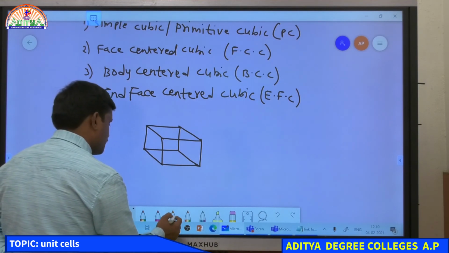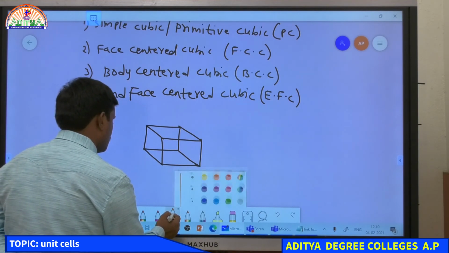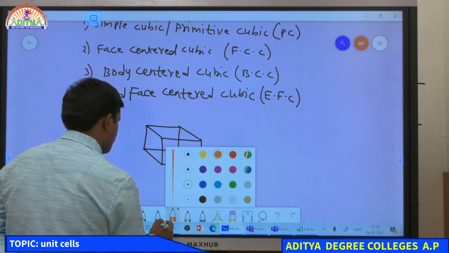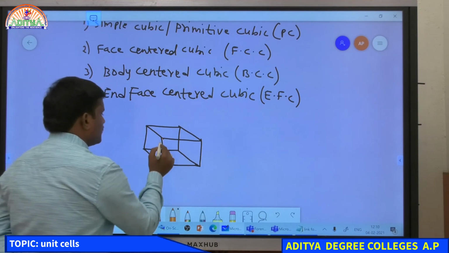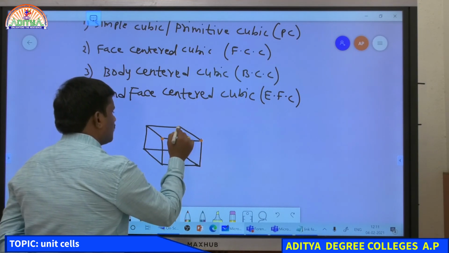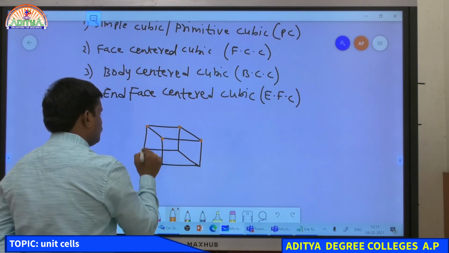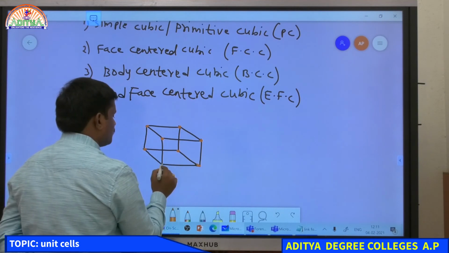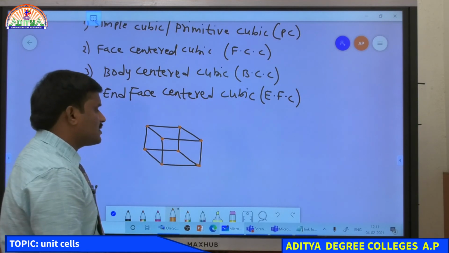So here this is the point present at a corner, and again corner, corner, corner. How many corners are there?